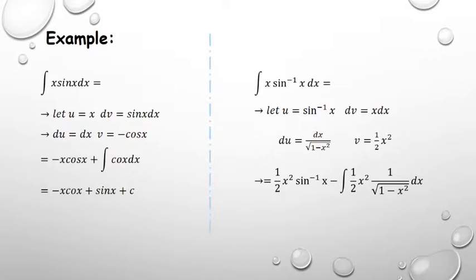And uv minus integral of v du equals half of x squared times sine inverse of x minus integral of half of x squared times 1 over root of 1 minus x squared dx.